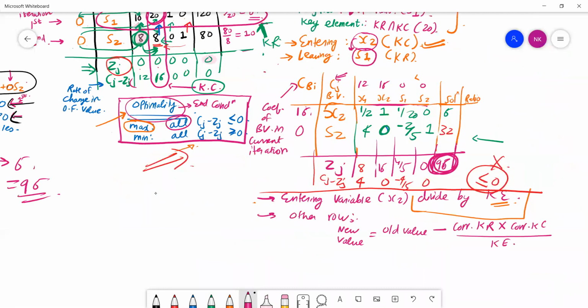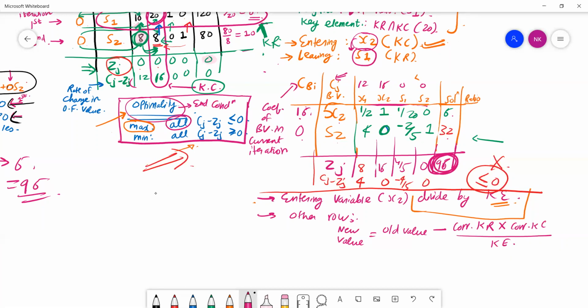So this is the interpretation of this table: you take 6 units of x2, with each unit costing 16. You take 32 units of s2, which has 0 rupees per unit, that is the slack variable. And there is no x1 in this column, so we are not having any x1 till now.